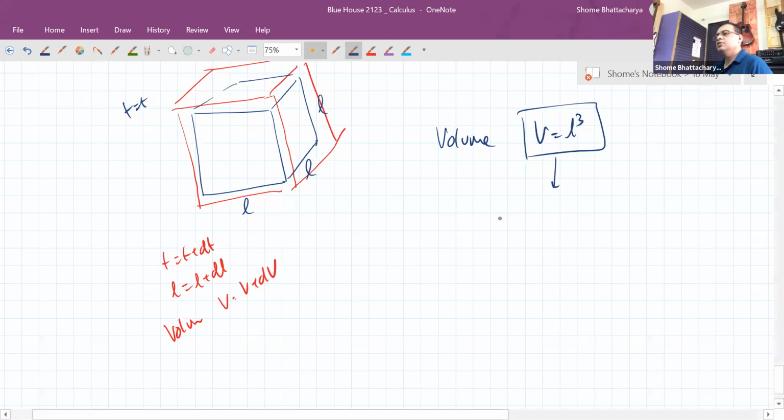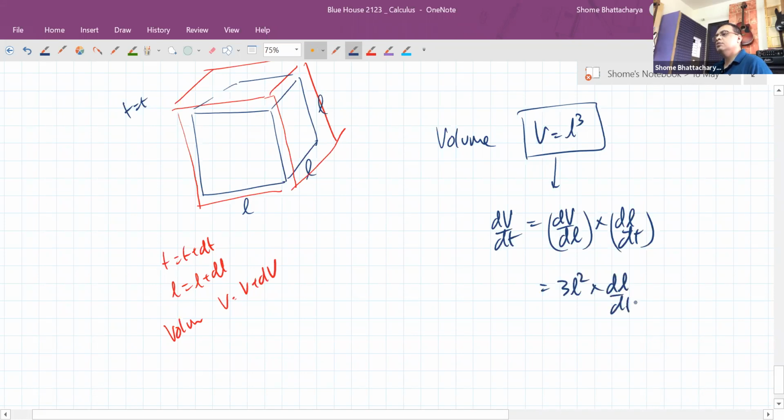So volume being L cube, you can see that dV by dt can be written as dV by dl into dl by dt. So this is 3L square into dl by dt. This is the formula we will use. Similarly, in this question, we could have also been asked surface area.